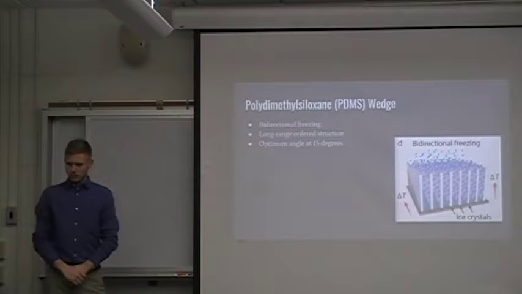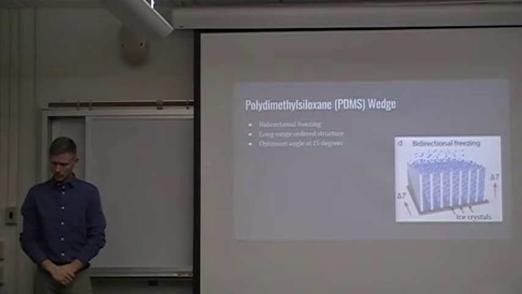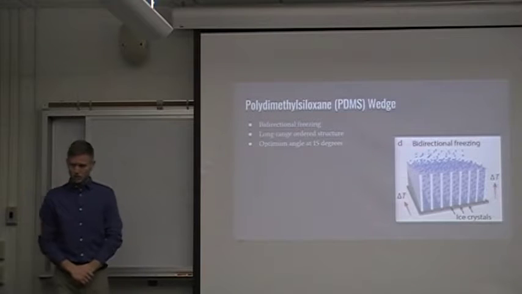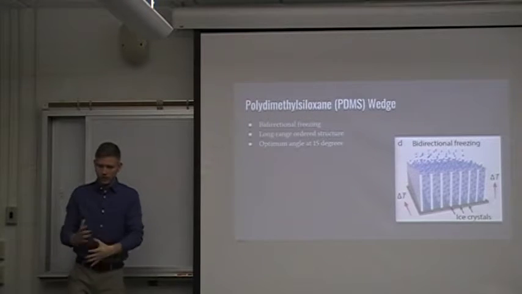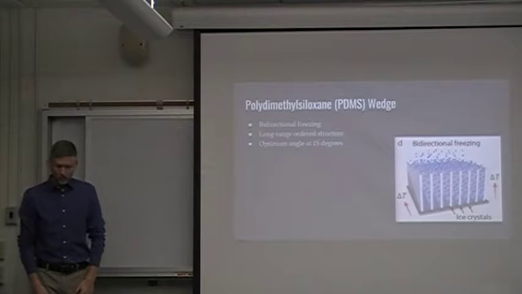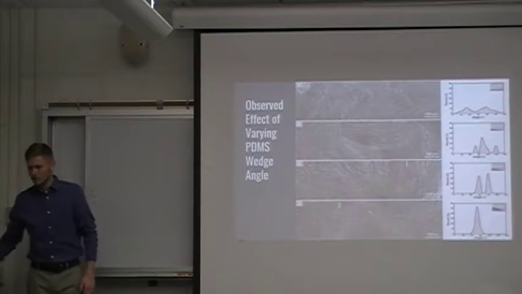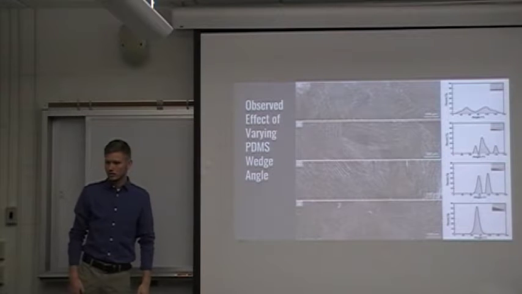Can you talk about how the angle affects how many lamellae there are, and or how many bridges there are? Yeah, so the angle of the wedge. No, the angle of how big of a wedge you're using.